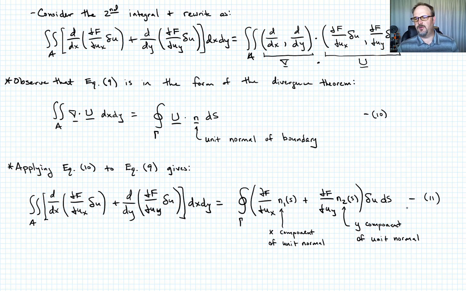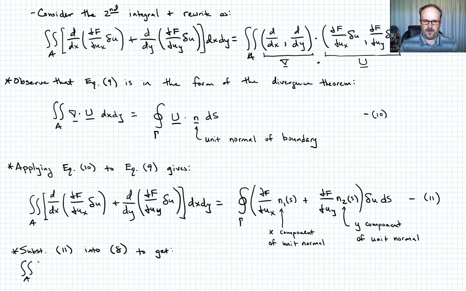And now I'm going to substitute 11 back into equation 8. I'm left with the integral over the area of that initial quantity, partial f with respect to u, minus d by dx of partial f with respect to ux, minus d by dy of partial f with respect to uy.